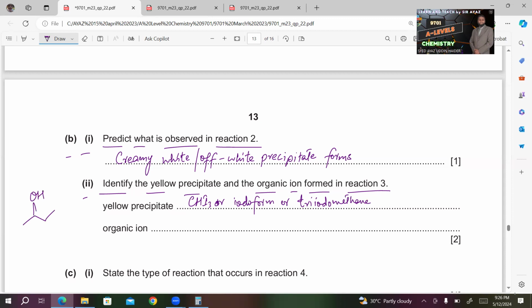There is a structure, this one is removed and gives yellow precipitate with I2 and the organic ion. So the organic ion must be propanoate. You can write CH3CH2CO2 minus, or propanoate.